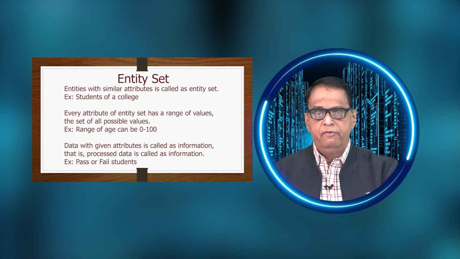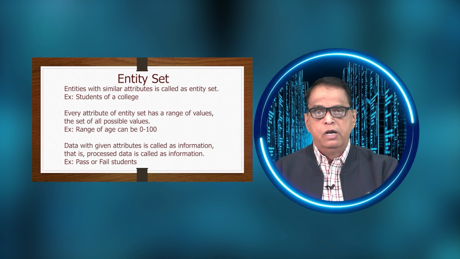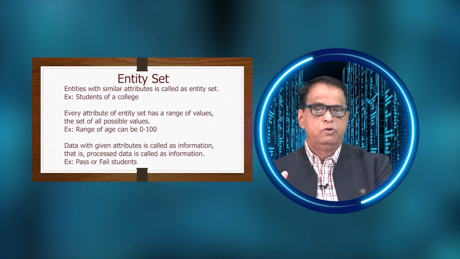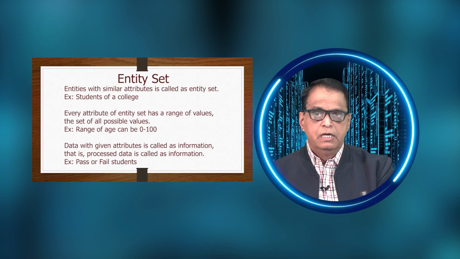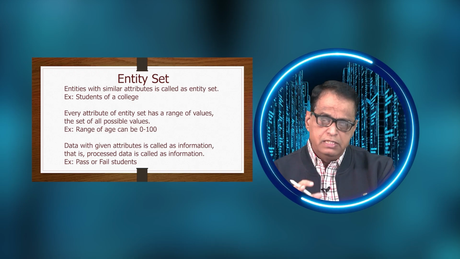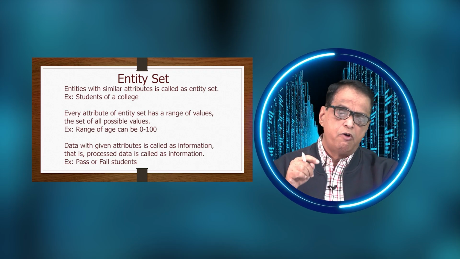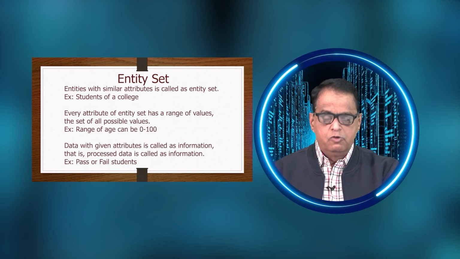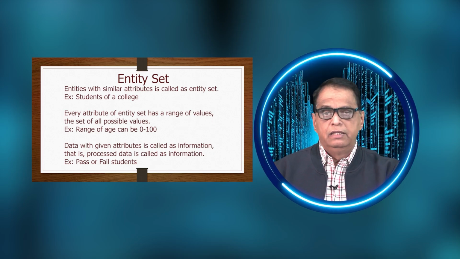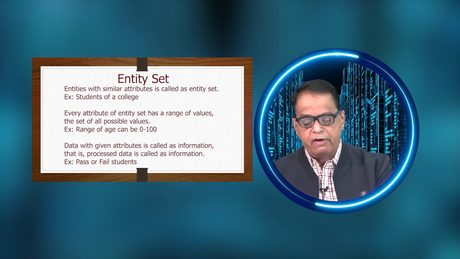Say for example, if I have been given the marks scored by the students in a class, suppose there are 50 students in a class and I have the mark sheet of all the students. Now, if I process this data, then I can infer the information whether the students have passed the course or not. So whether they pass or fail, that information can be easily extracted from such data values.